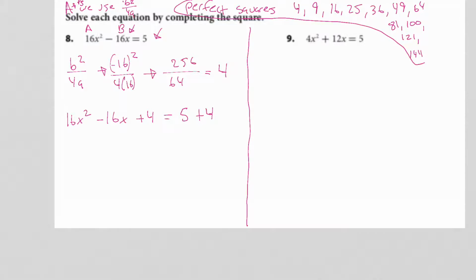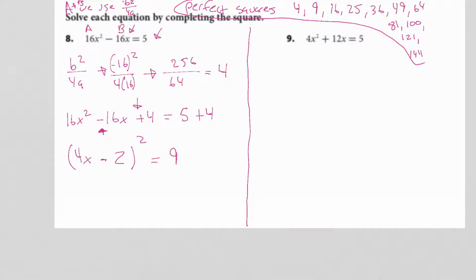And we already know that this is going to factor into something squared. And what is that something? It's going to be 4x, and you see how this middle term is a minus and this other term is a plus, so it's going to be 4x minus 2 squared, and all that's equal to is 5 plus 4, which is 9.